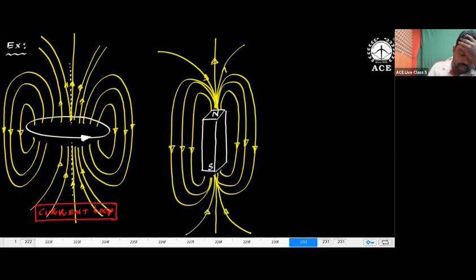This is for a bar magnet, or you can say permanent magnet.